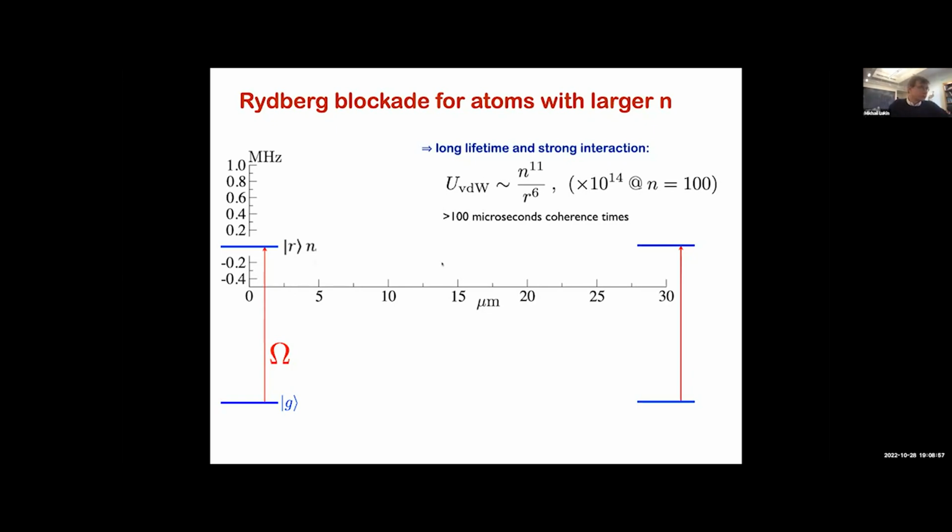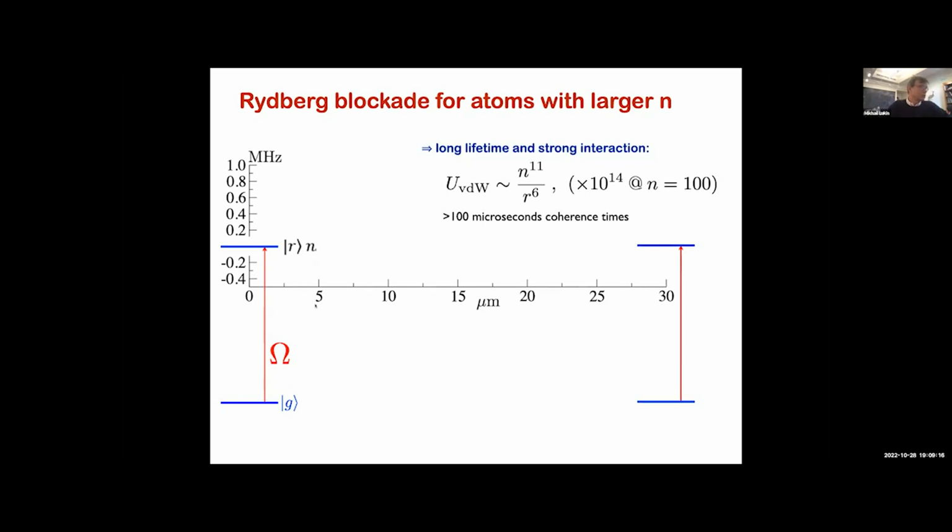In particular, one mechanism which we use is called the Rydberg blockade, and this can be understood as follows. If you have two atoms that are far away, and you drive these atoms resonantly, then you will just excite these atoms into the Rydberg state and they will undergo Rabi oscillations.